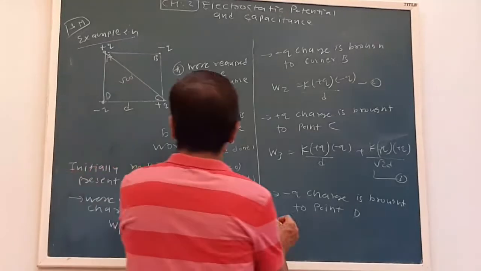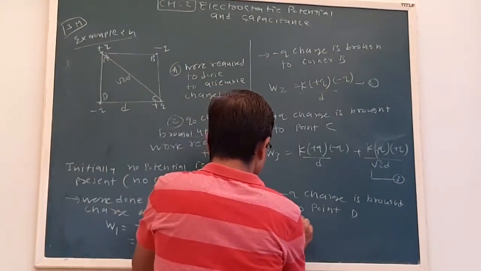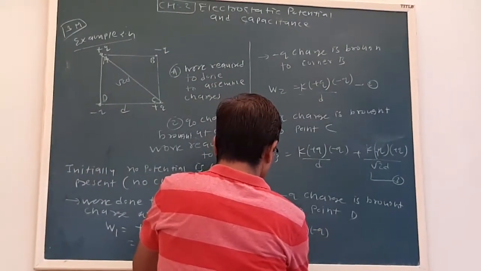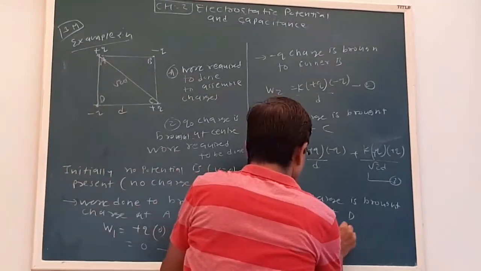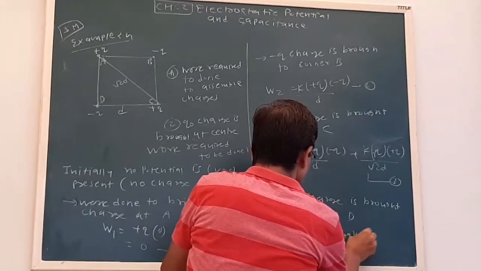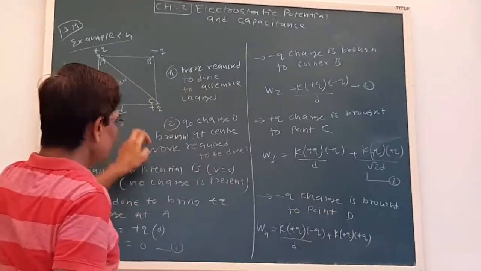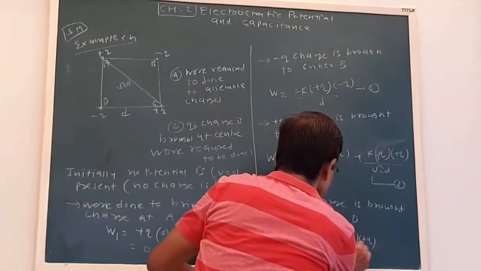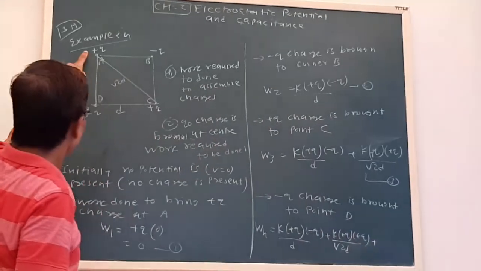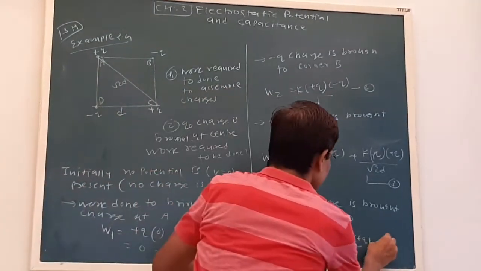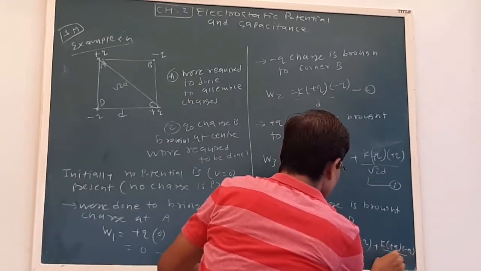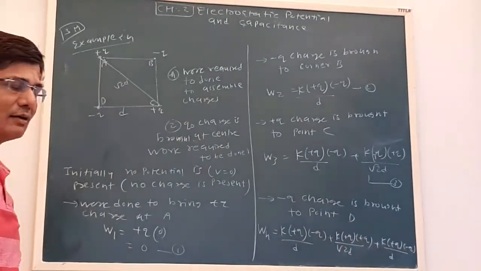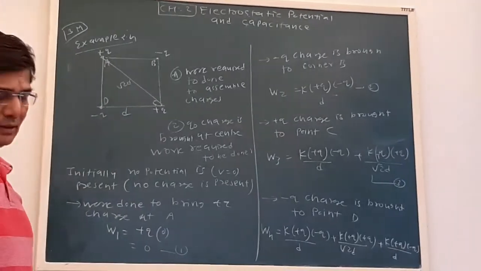We write in the form of equation K plus Q minus Q upon D between these two, plus K plus Q plus Q upon root 2 D between A and C, and finally K plus Q and minus Q upon D. Now this is how we have assembled the charges.